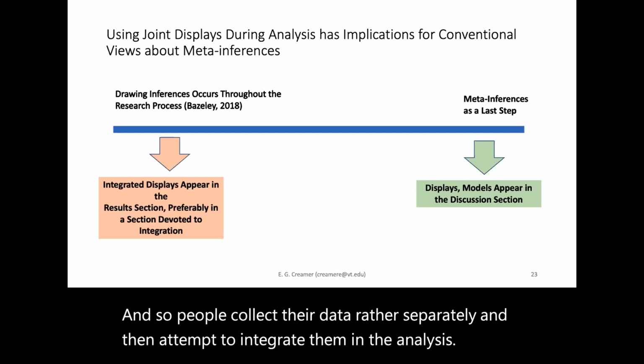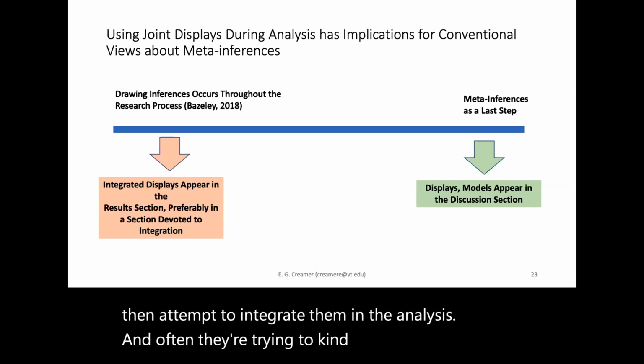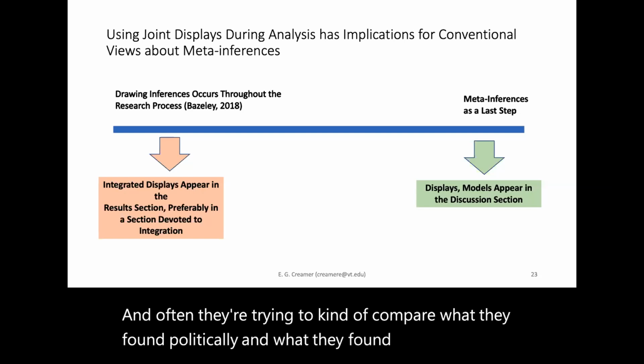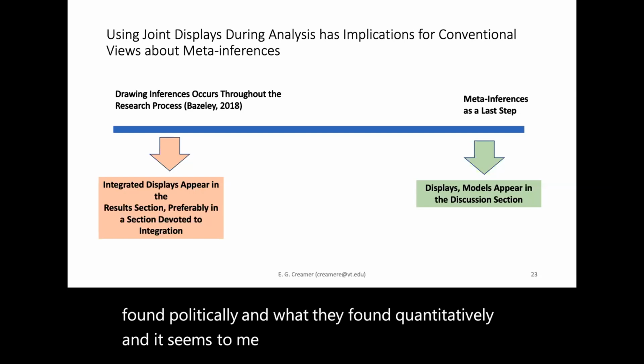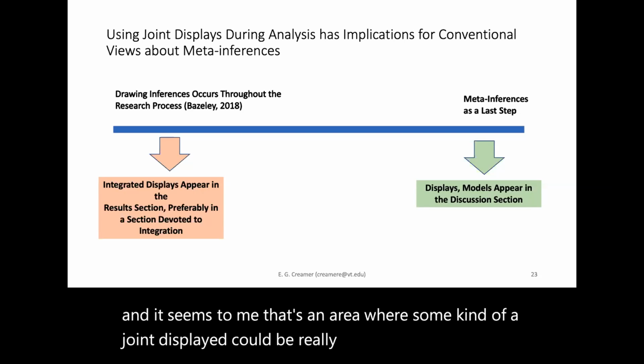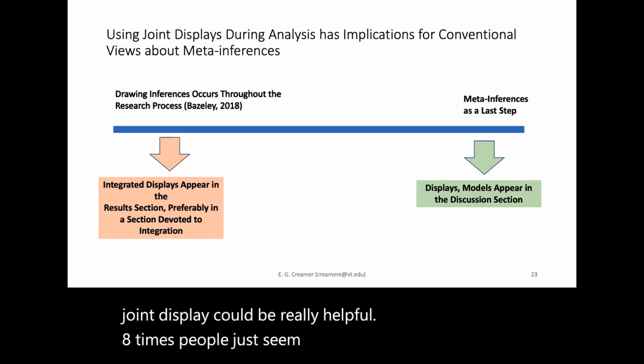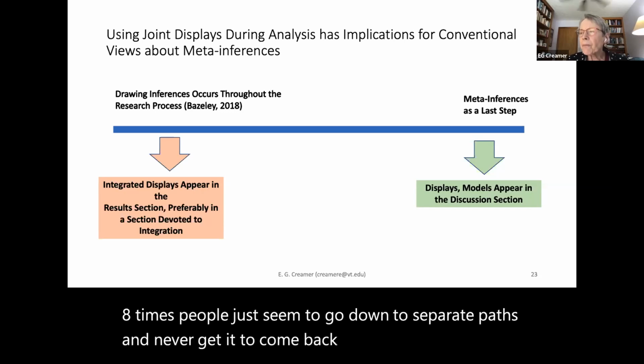Often they're trying to compare what they found qualitatively and what they found quantitatively. It seems to me that's an area where some kind of joint display could be really helpful. A lot of times people just seem to go down two separate paths and never get it to come back together. Yeah. And so I was thinking along those lines.